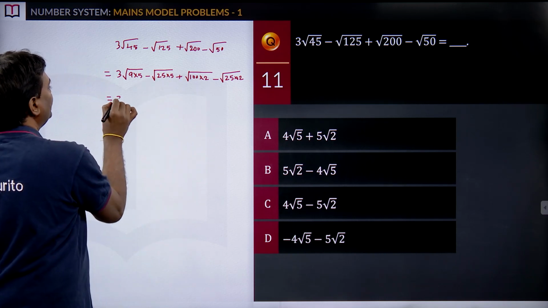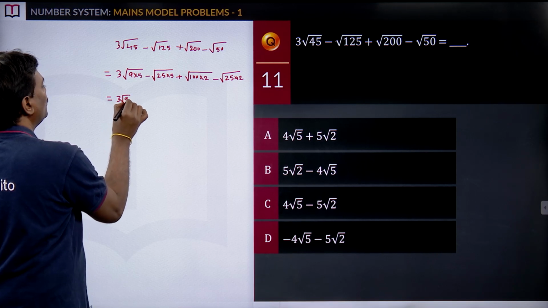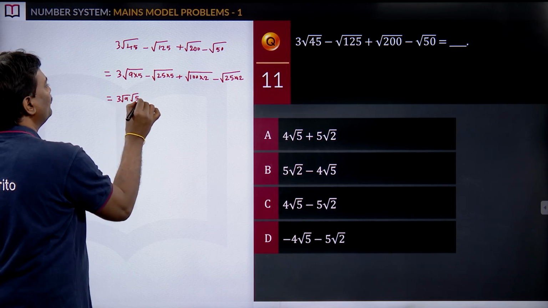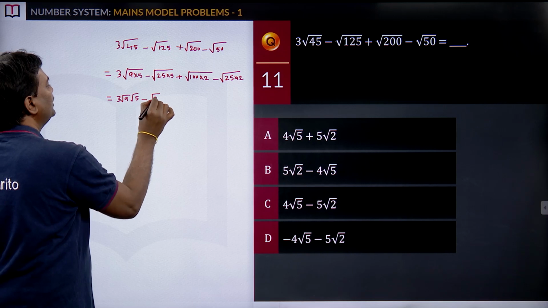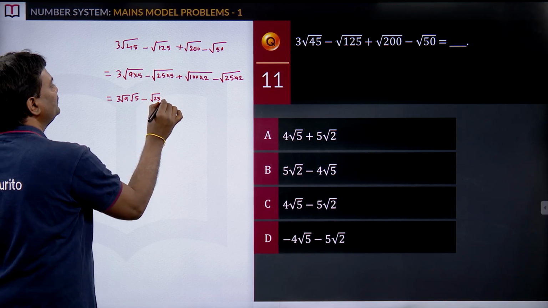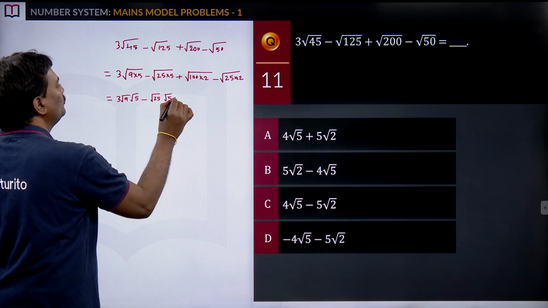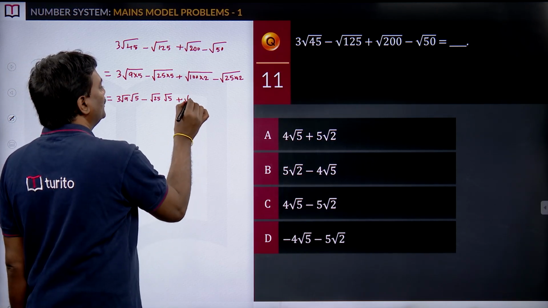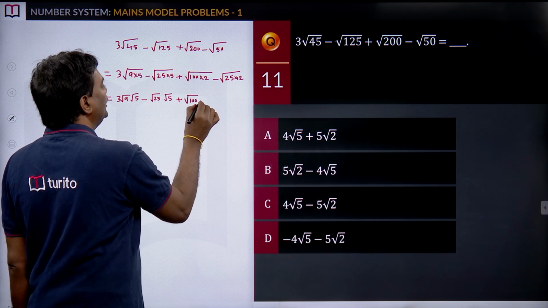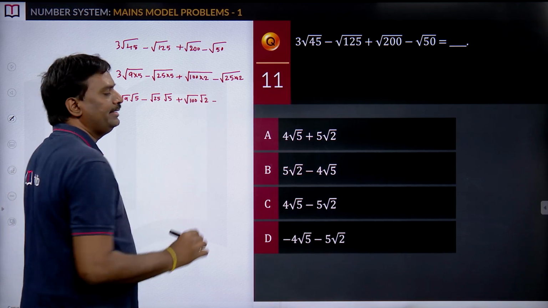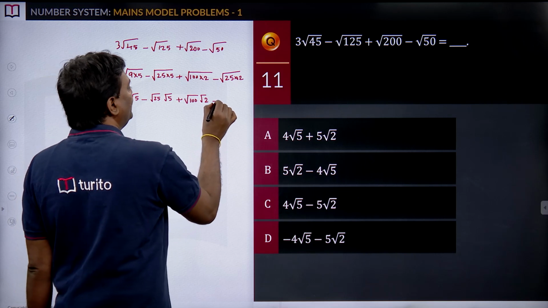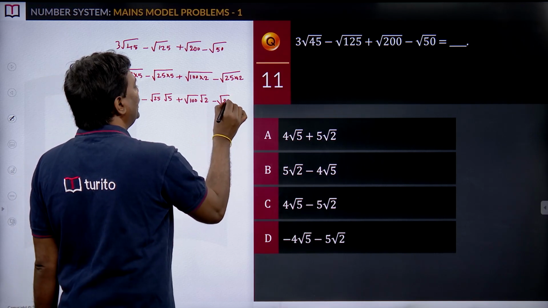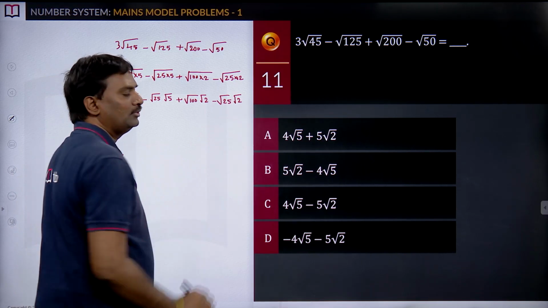So, by separating 3 into root 9 into root 5 minus by separating root 25 into root 5 plus, here also by separating 100 and 2 root 100 into root 2 minus by separating 25 and 2 root 25 into root 2.